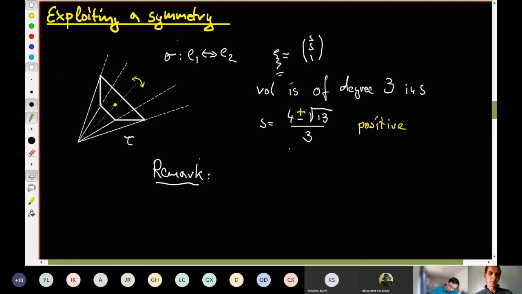The next idea could be maybe this is only a problem of rescaling. Maybe if we rescale it to the correct length, we can make it into a lattice point, right? So we are looking just for a lattice point on the ray generated by our choice of xi here.